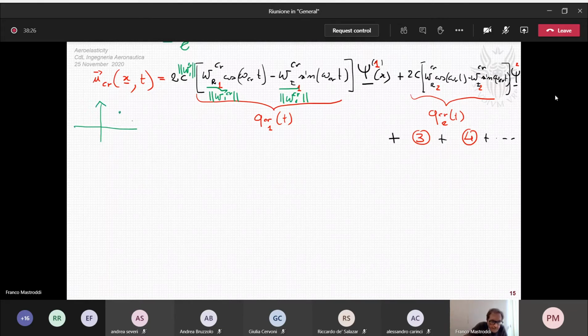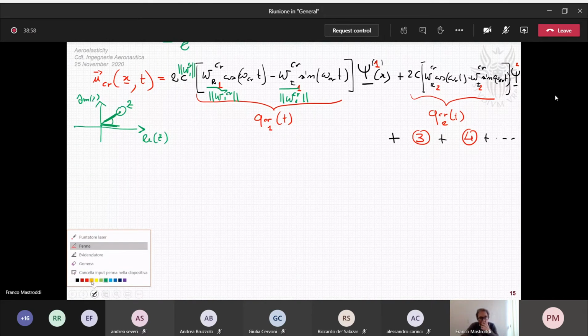So you have a complex number zeta, with its real part and imaginary part, and you are taking the ratio between the real part and the magnitude, and so you have the cosine of the phase of the complex number. And here you have the sine of the phase, dividing the imaginary part by the magnitude.